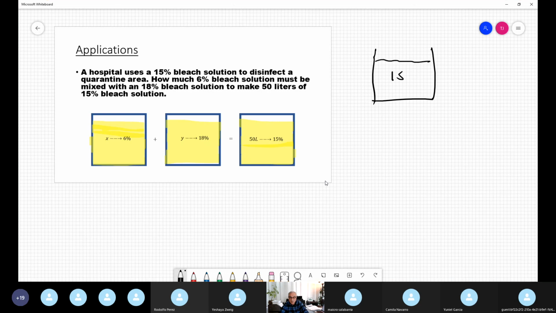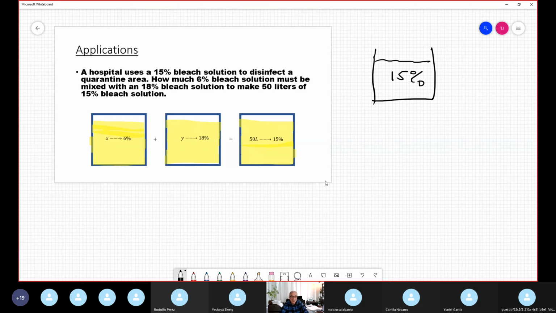When you have a 15% solution, which is the concentration they need to kill the coronavirus, that means 100% is the total liquid, with 85% pure water and 15% pure bleach solution, mixed together. This idea is clear, right?